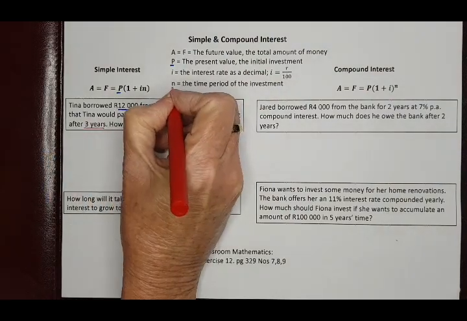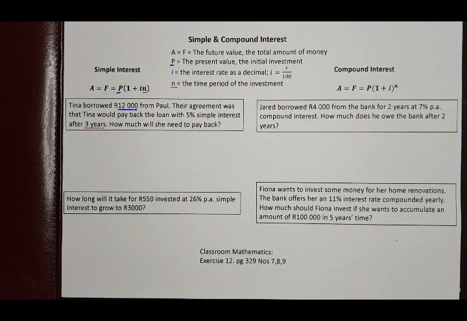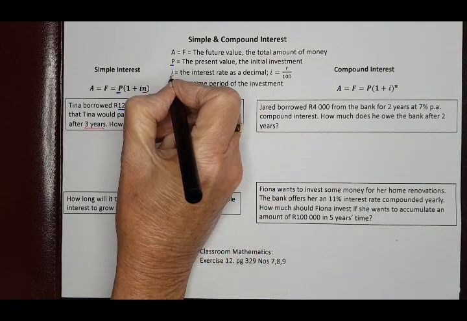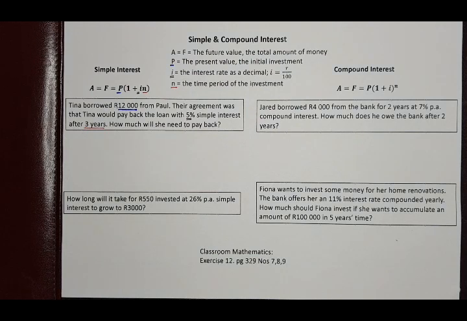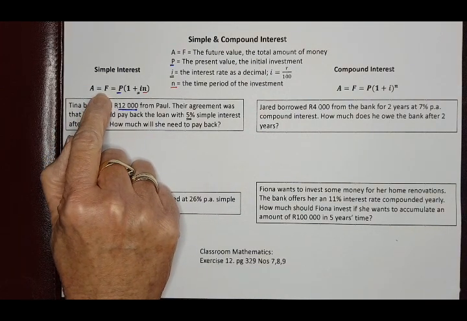Your time period is N. And then the interest rate that is earned, in this particular case, is 5% simple interest. Interest, we use the letter I to represent. And the question in this case is, how much will she need to pay back? In other words, what is the future value of her loan going to be?